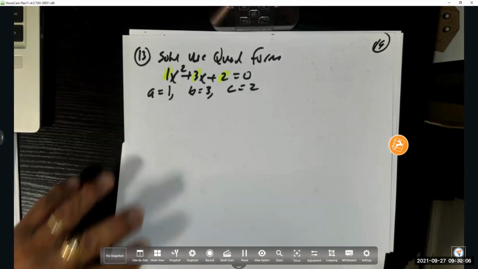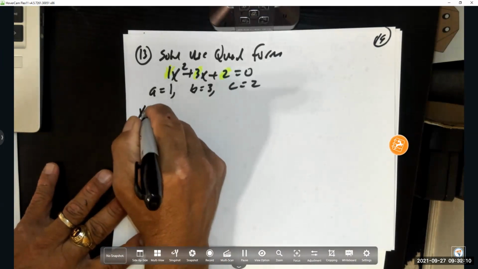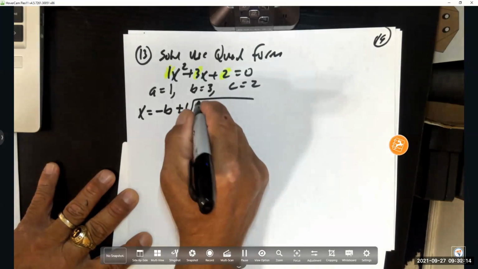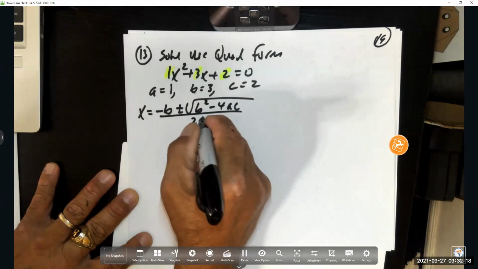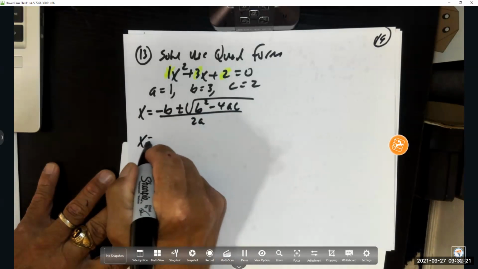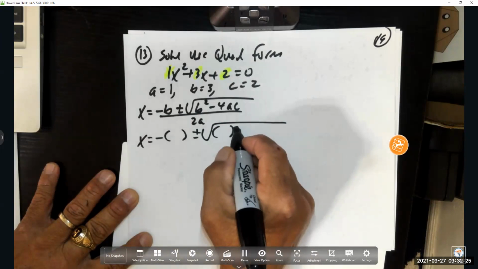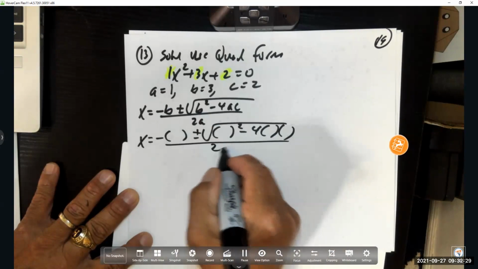And the formula, I gave it to you on the other page. I'm just going to copy it down. Negative of b, plus or minus the square root of b squared minus 4ac, over 2a. So x equals negative of b plus or minus the square root of b squared minus 4 times a times c, over 2 times a.